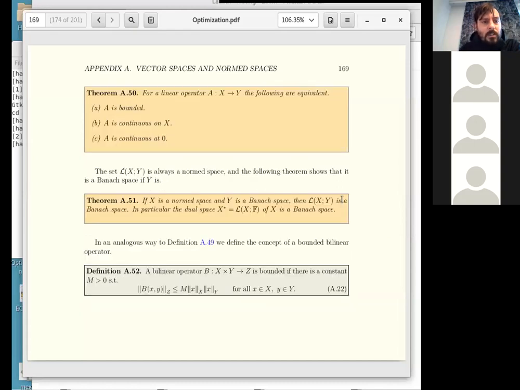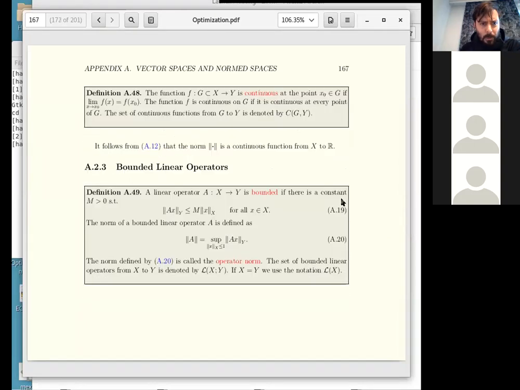I wanted to mention this because we talked about bounded linear operators. The idea of a bounded linear operator is simply this: when you apply the linear operator on an object of your vector space, you get an object of another vector space.